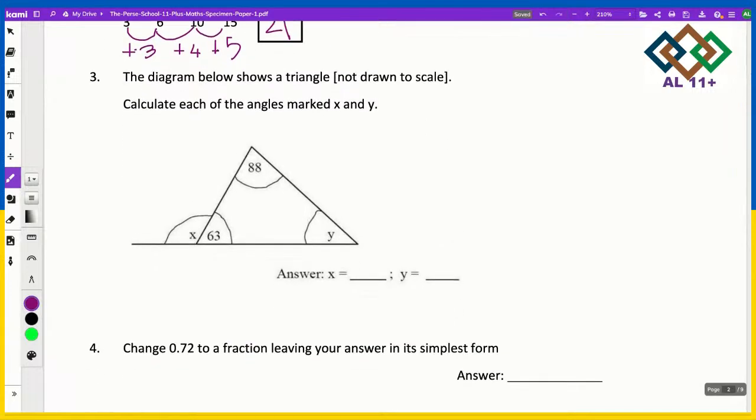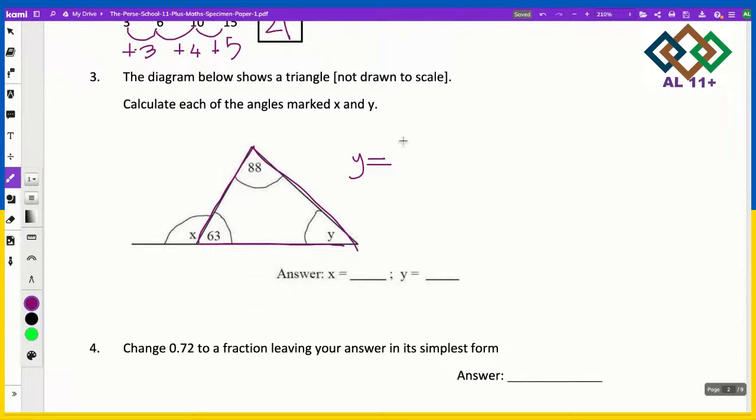Second one is angles. You have to find what x and y are. To find y is very easy. You know that the inside angles add up to 180 degrees.